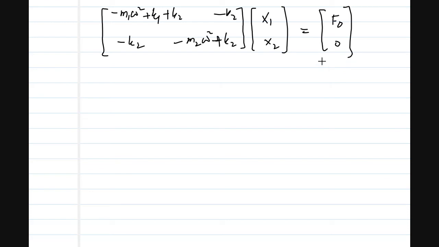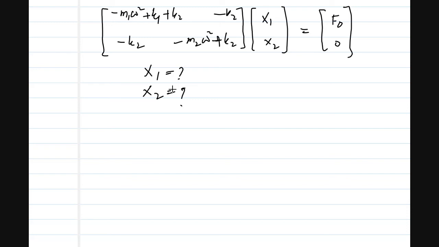Because there is a force applied at M1. Now, in this case of the design of the vibration absorber, we are interested in the expressions for X1 and X2. Previously we found the ratio of the amplitudes, but here we are interested in finding the equations for X1 and X2.